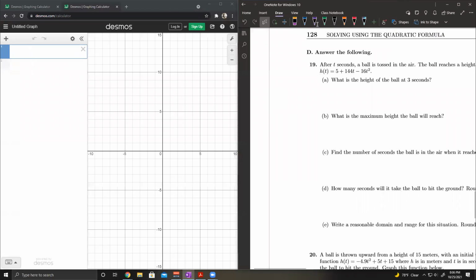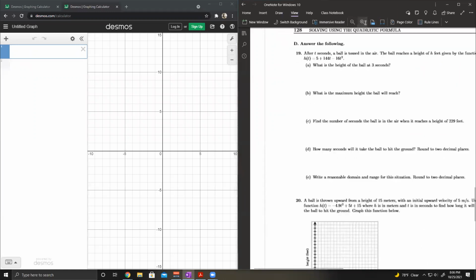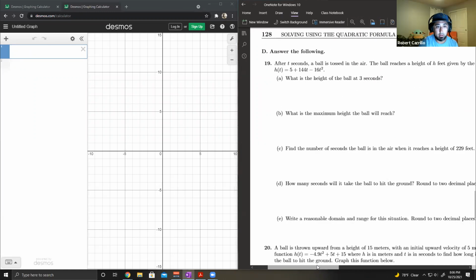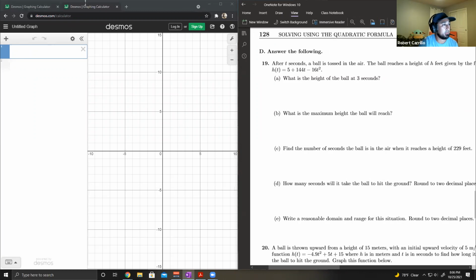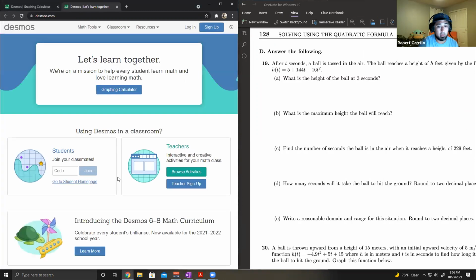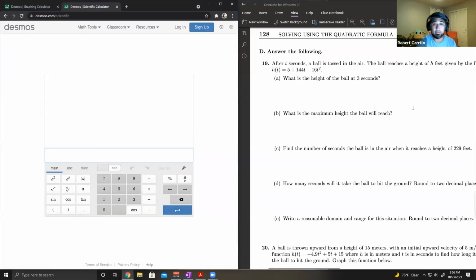I just need the scientific calculator, right? Okay, cool. So for this one, we're just going to plug 3 in.